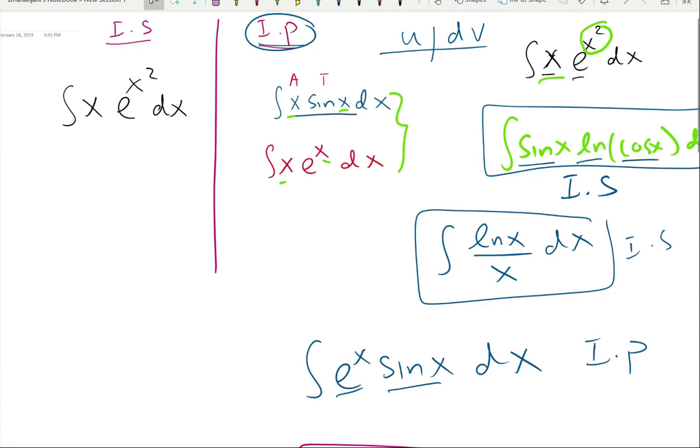If there is a standout inside function, check whether its derivative exists somewhere else in the integral or not. If so, then it's integration by substitution. If not, even if you have an inside function, it could be integration by parts. If you don't have an inside function, then of course choose integration by parts. But just be careful.